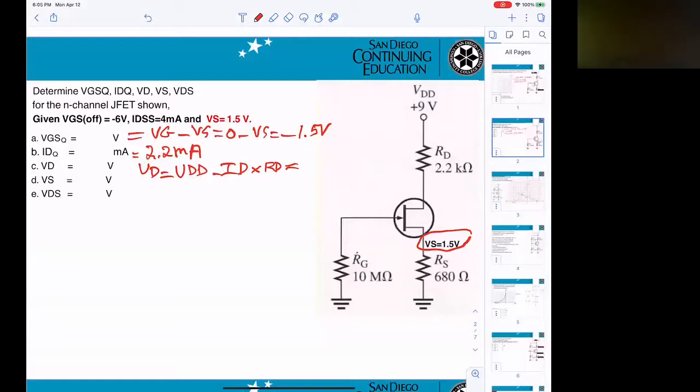Is it like 4.16? 4.16, okay. Let's not quibble over decimal places.